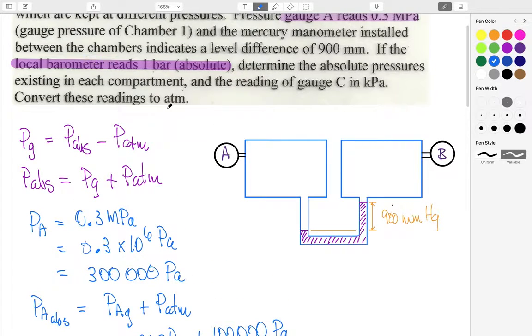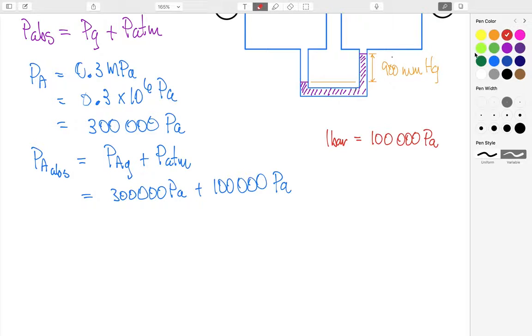Well, there is a conversion between bars and pascals. In fact, the definition of the bar, 1 bar is equal to 100,000 pascals. So what do we have now? We have just a simple total of 400,000 pascals, or 4 bars, if you will.